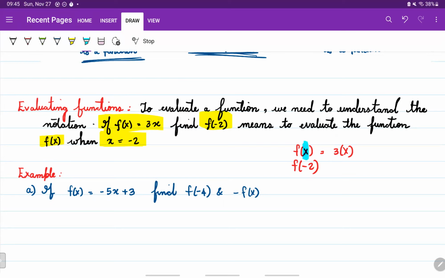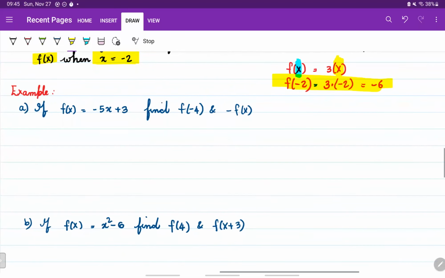So in this function here, we see that we have an x here. So instead of x, we just substitute negative 2. So that would give us negative 6. So f of negative 2 is negative 6. Let us do some examples now.